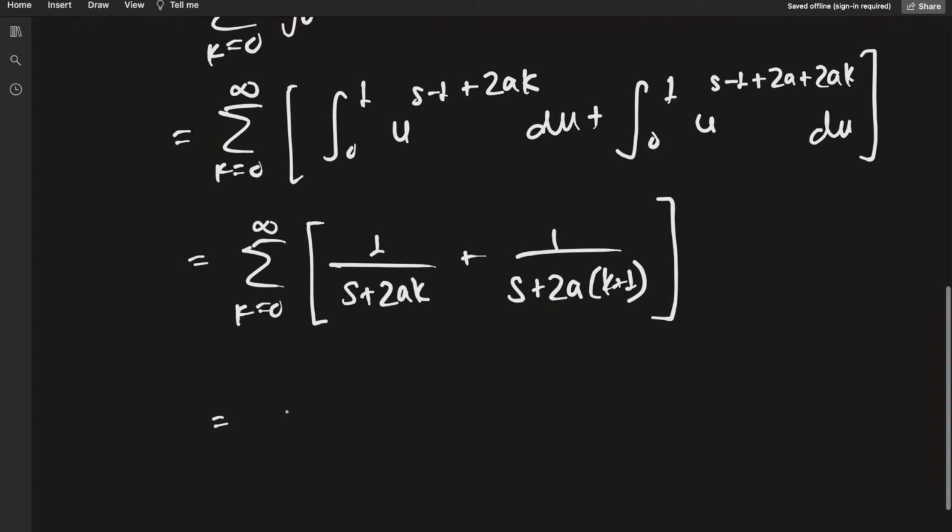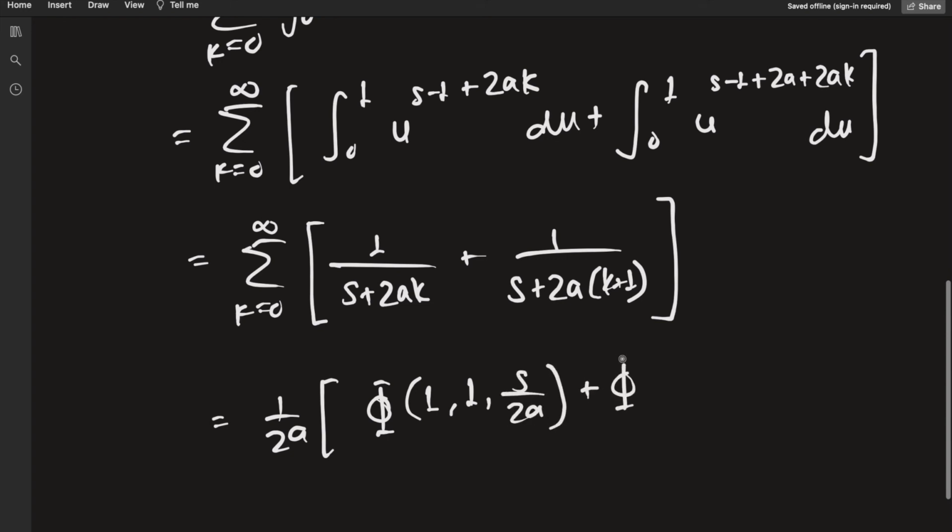So if we divide by 2a again, we get Lerch transcendent phi of 1, s over 2a, plus Lerch transcendent of 1, s over 2a plus 1.